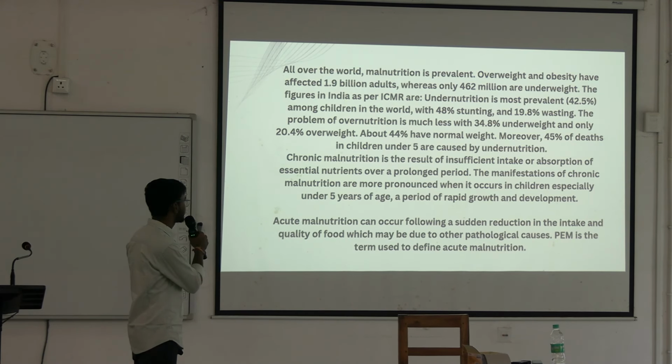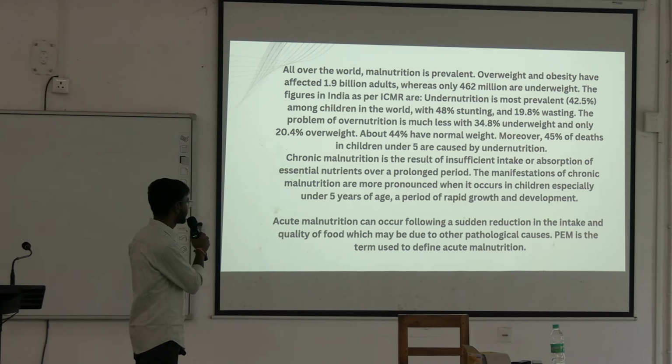Among children, 48% have stunting, 19.8% wasting. The problem of overnutrition is much less, with 34.8% underweight and only 20.4% overweight. Above 44% have normal weight. Moreover, 45% of deaths in children under 5 are caused by undernutrition.